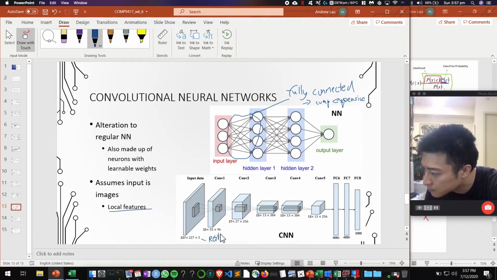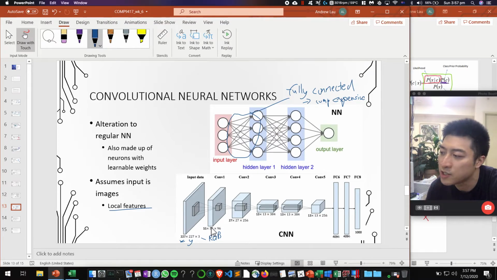So this could be the x-axis, this could be the y-axis, that could be the RGB channels. And then the subsequent layer is only connected locally, so this little neuron here is only connected to all these neurons here, right? So you can imagine how, by being locally connected, the number of weights decreases a lot.